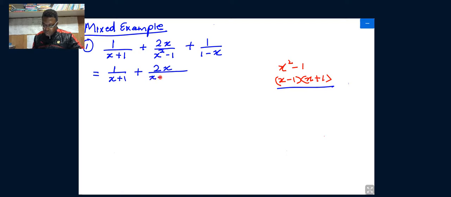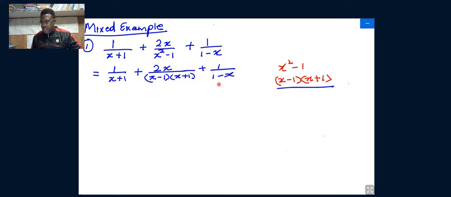x minus 1, x plus 1, plus 1 over 1 minus x. This one kind of looks odd, but in our previous lecture, on lecture number 6, we did speak about examples that involve a change of sign. We need to change the sign here.